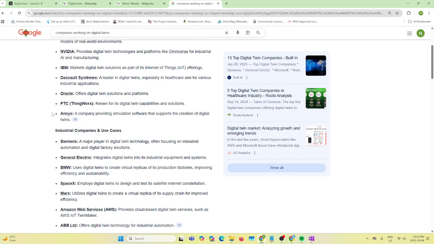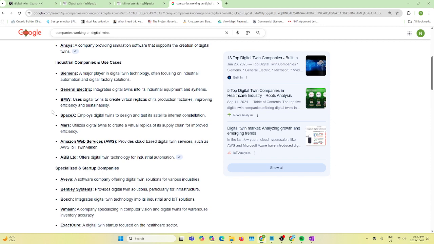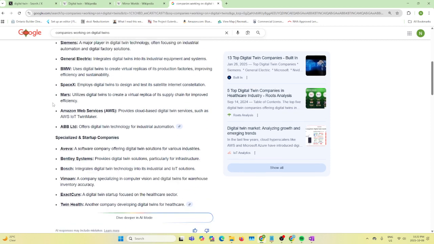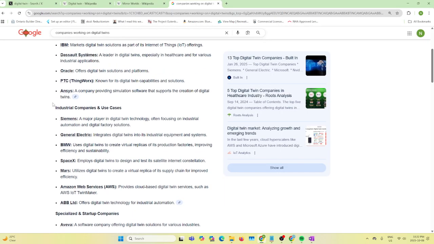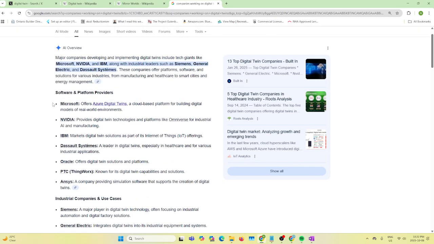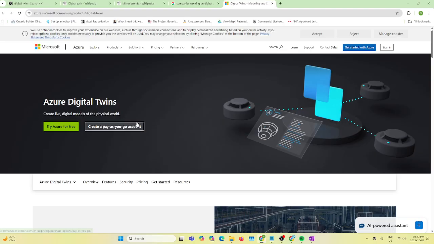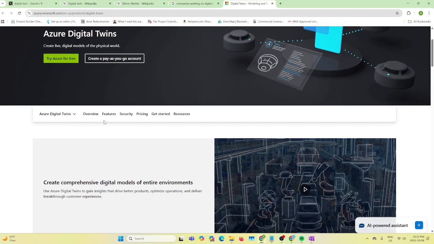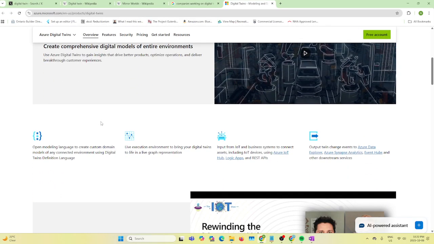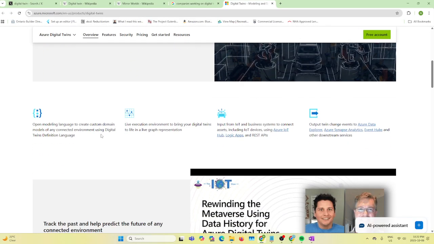Oracle, PTC, all these big industrial companies, use cases. Yeah, it's all the top dogs, you know. But definitely Microsoft. So Azure Digital Twins, that's a thing? Okay, create live digital models of the physical world. This is interesting. Open modeling language to create custom domain models.